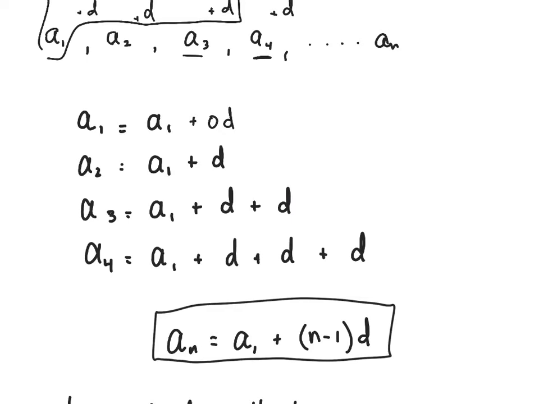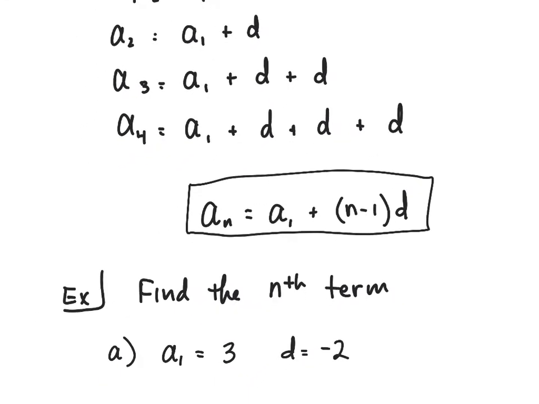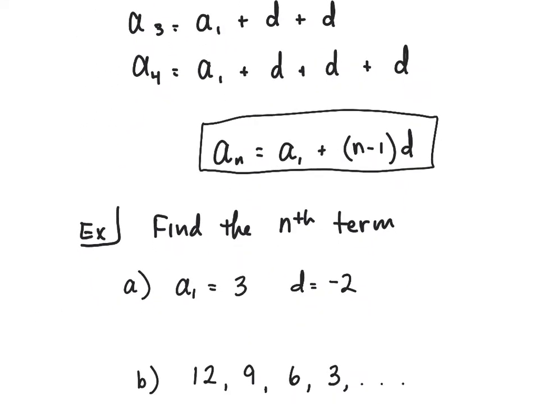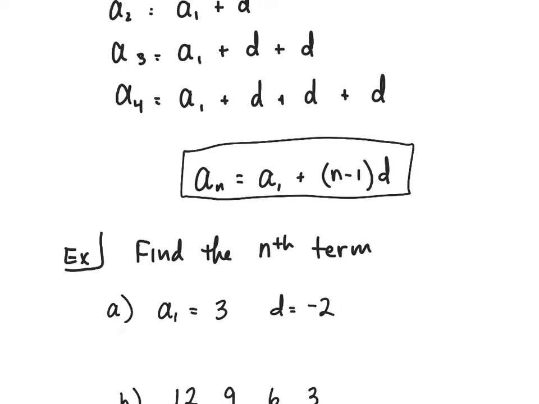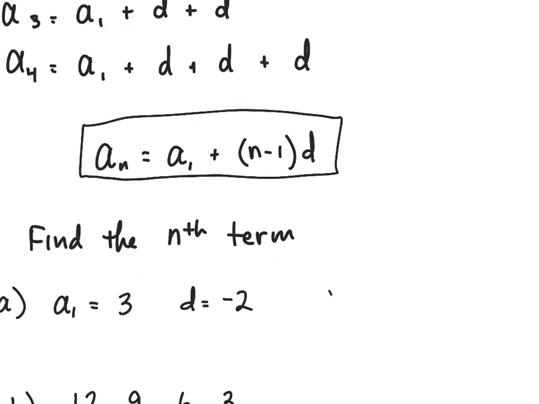So the way this would work then, as an example, find the nth term. We have, for part A, first term is 3, and the common difference is -2. So the nth term, a sub n, if we're following this formula right here, it would be 3, that's the first term, plus n minus 1 times the common difference times -2.